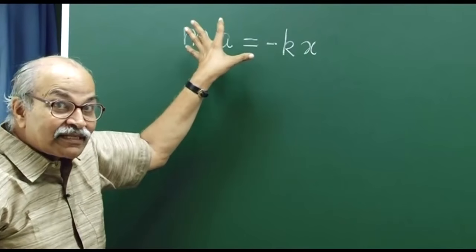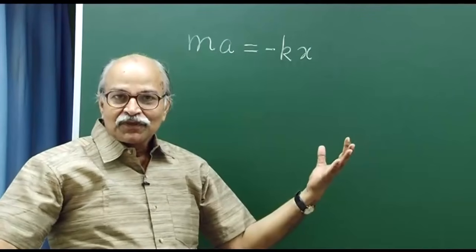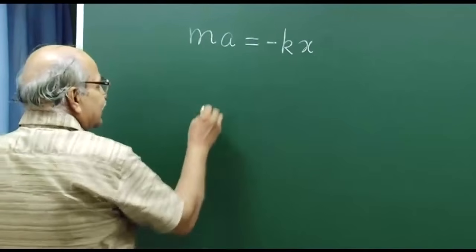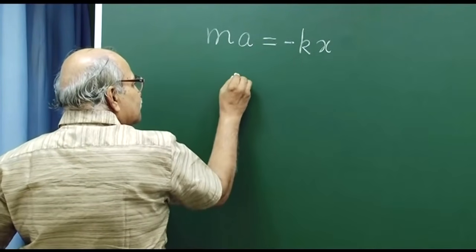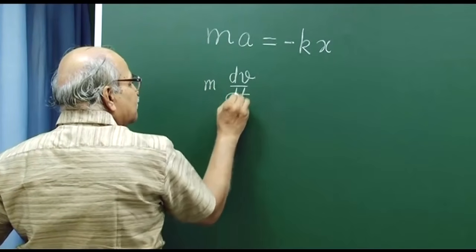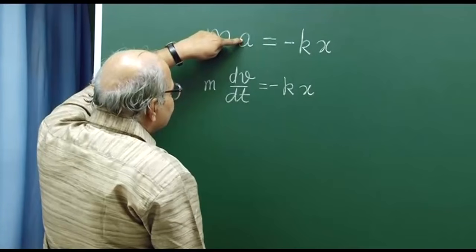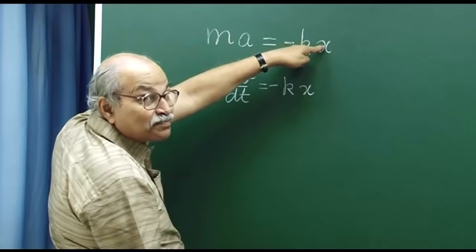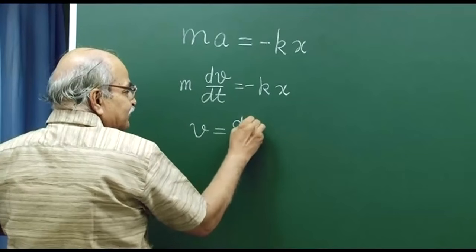I am focusing on the mathematical structure because similar mathematical structure will be applicable to oscillations of varieties of different kinds. Okay. So, I can write acceleration as rate of change of velocity, which we write as dv dt. So, it is m dv dt equal to minus kx, and as acceleration is rate of change of velocity, velocity itself is rate of change of position, and so this v can also be written as dx dt.